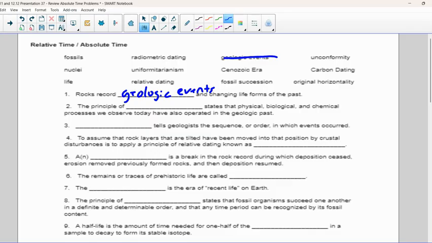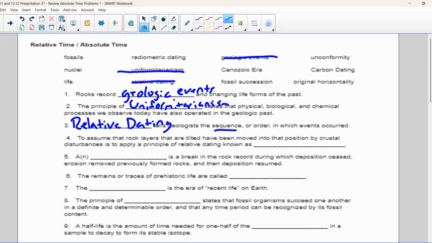The principle of uniformitarianism, where is that? Over here. States that physical, biological, and chemical processes we observe today have also operated in the distant past. Putting things in a sequence is relative dating. And so we get rid of relative dating here.